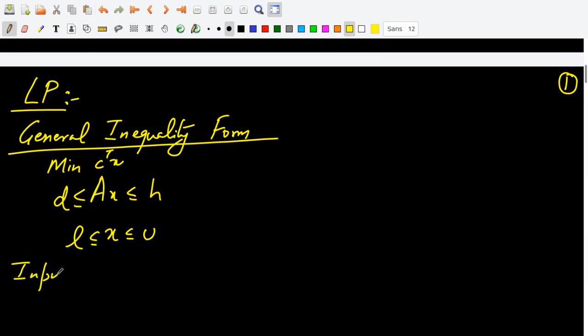Inputs given to us are the vectors c, d, h, l and u.